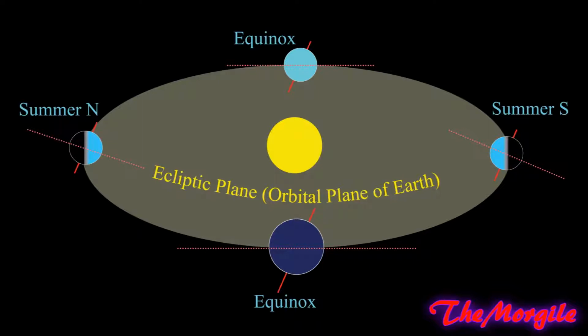But at least we're all on the same page in terms of the heliocentric model, what causes the seasons, and the difference between the equatorial plane, which is a variable, and the ecliptic plane, which is constant relative to the sun, and that ecliptic plane is the plane around which the Earth allegedly orbits the sun. Right.